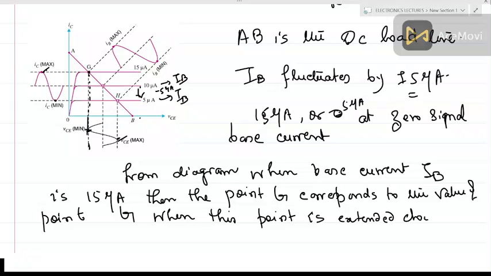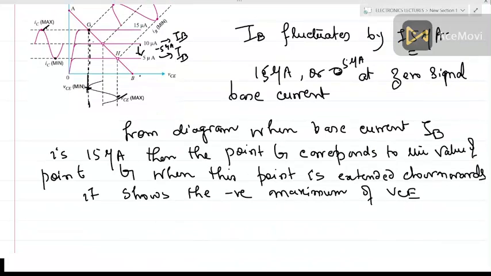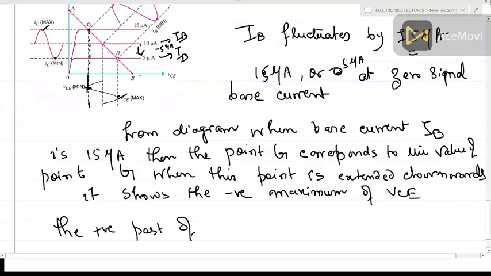When this point, I am writing in a very simple language, is extended downwards, it shows the maximum in the negative direction of VCE. So when IB is increasing, when this input current is coming, it is changing the IB from 10 microampere to 15 microampere.